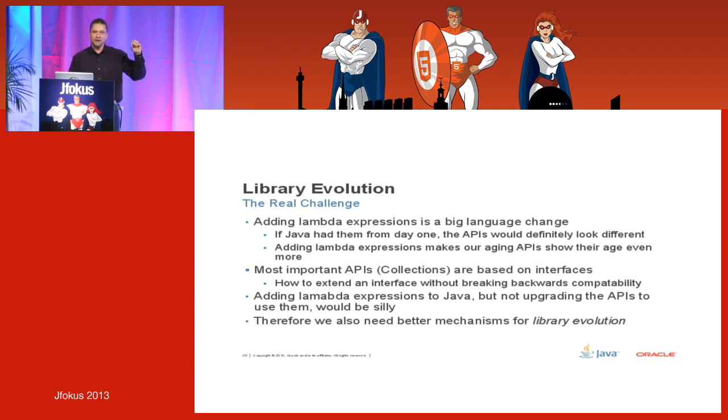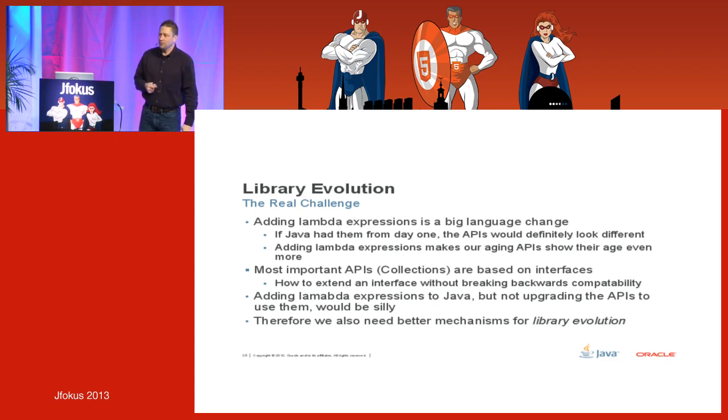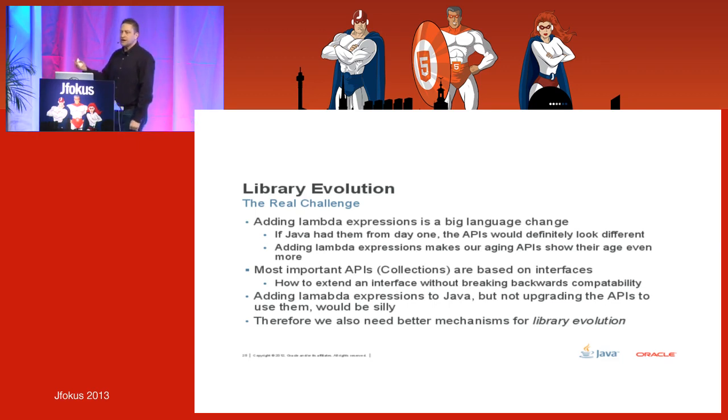Because if we're going to allow the use of Lambda expressions, anonymous functions, throughout the library code, we need to add more methods to a number of the libraries. So things like the collections. Collections are based on a well-defined interface. And in order to allow you to use Lambda expressions in the best way, we need to extend that interface.